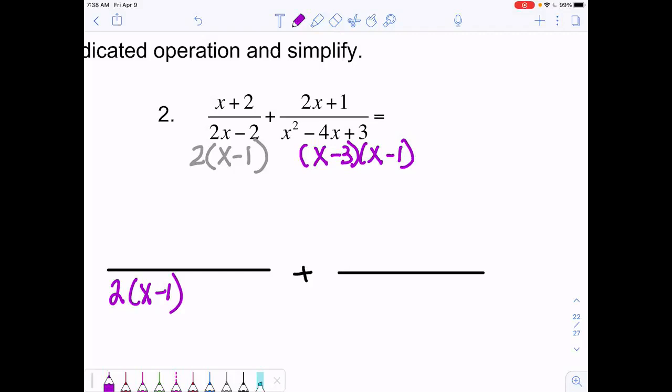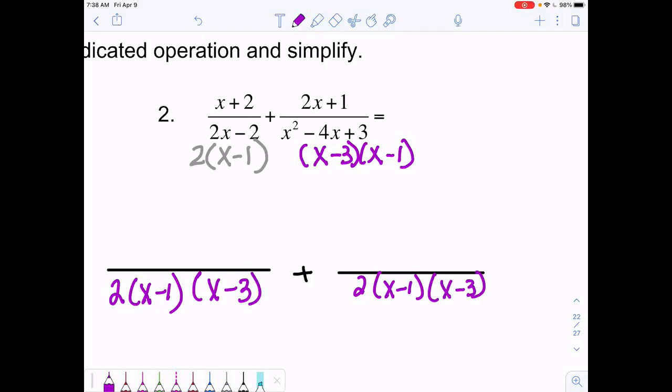What else does the right side have that would be different than the current denominator that we have? An x minus 3. So my least common denominator is the 2, the x minus 1, and then the right also has x minus 3. So any new factor needs to go in your least common denominator. So 2, x minus 1, x minus 3.